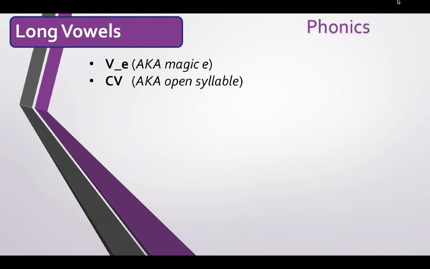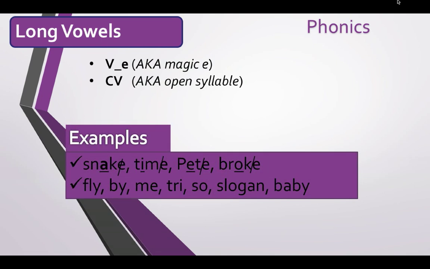And then there's a consonant vowel cluster, so that's considered an open syllable, and it would say its name. So snake, E is silent, we have a long A. Fly, we've got the long I. Me, E, and so on. So we've got the consonant followed by a vowel letter. It's considered an open syllable, therefore the vowel says its name.